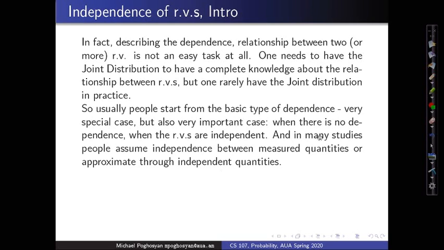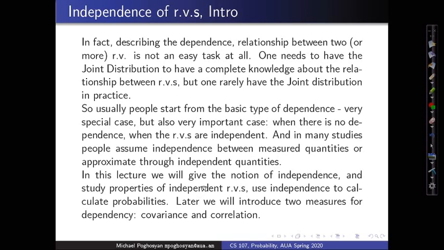In many studies, people assume independence between measured quantities or approximate calculations through independent quantities. So here we will consider that independence notion, study properties of independent random variables, and use independence to calculate probabilities.